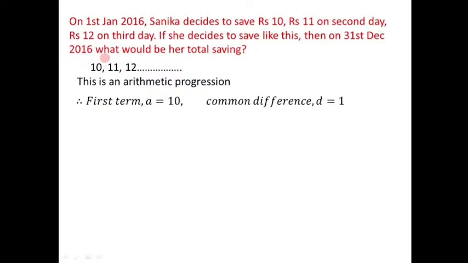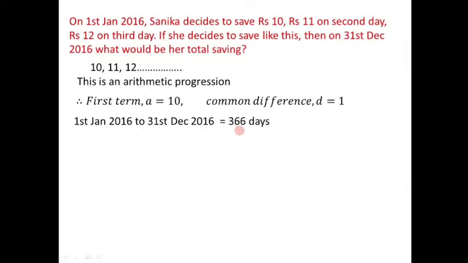Now to find her total savings in a year, we have to find out how many days are there in that particular year. The year is 2016, which is a leap year. And we know that in a leap year there are 366 days. So from 1st January 2016 to 31st of December 2016, there are 366 days as it is a leap year.